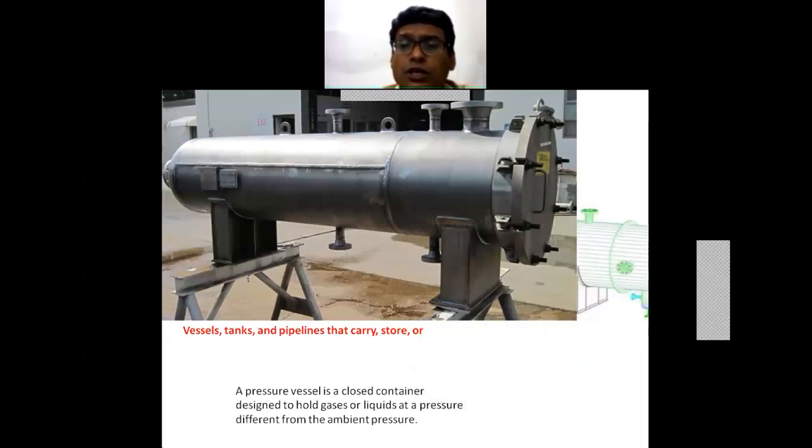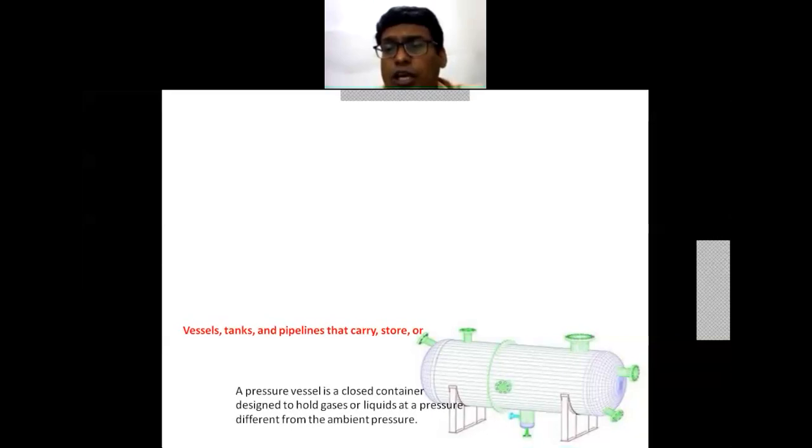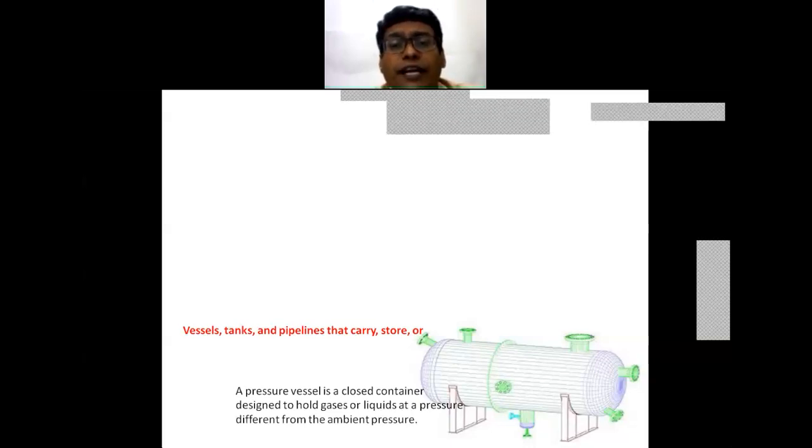So all the vessels are attached with some or other different attachments, and all these attachments are provided with the help of the nozzles. So nozzles become an integral part of a vessel.